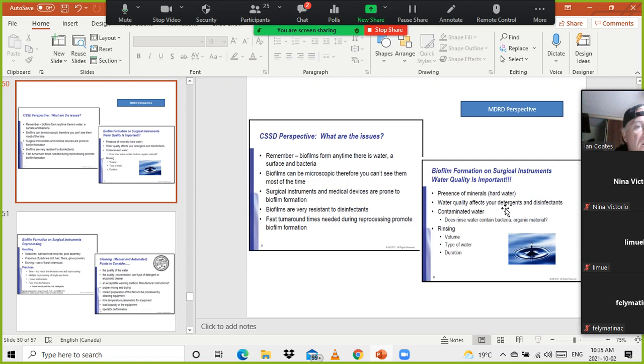Hard water will have a lot more minerals in it. I don't know if you guys have heard of water softeners. They take the minerals out to make your water softer. It makes your hair all soft and silky. Contaminated rinse water can contain bacteria. All these different things. So water is important, and the right water.